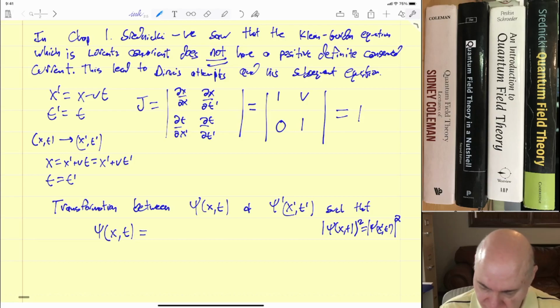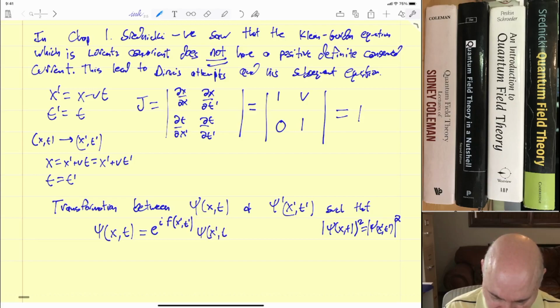The only way to satisfy this is that there has to be a phase difference between psi and psi prime. So psi of x comma t we can write as e to the i times some phase function f of x prime, t prime, completely general, times psi prime of x prime comma t prime. Our only condition is that f is real, because we want this to be a pure phase.